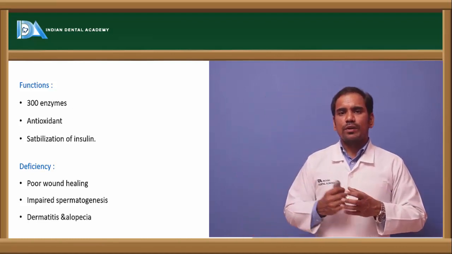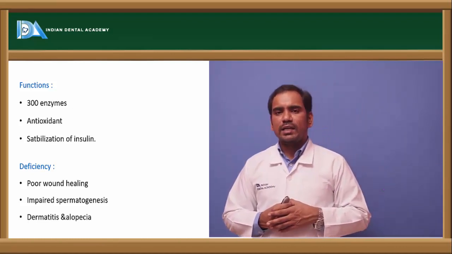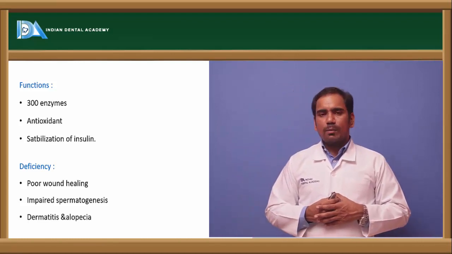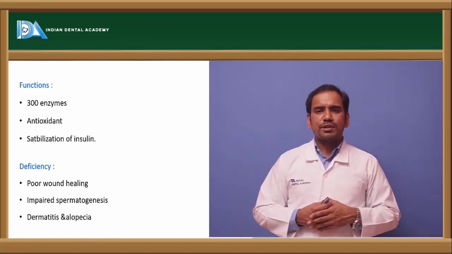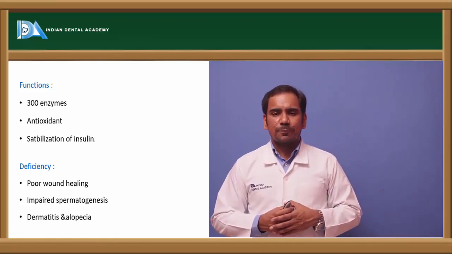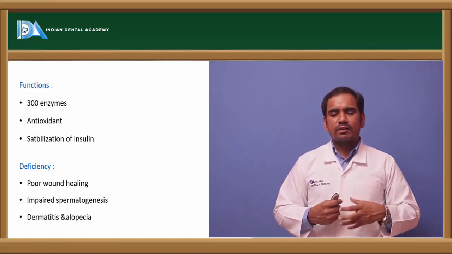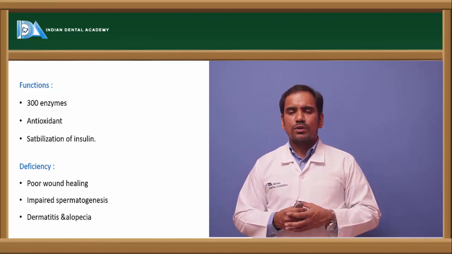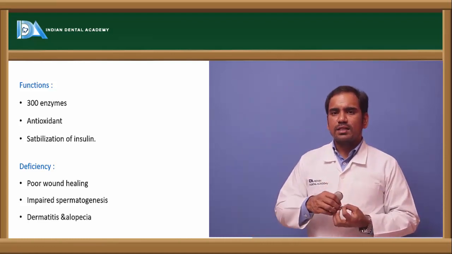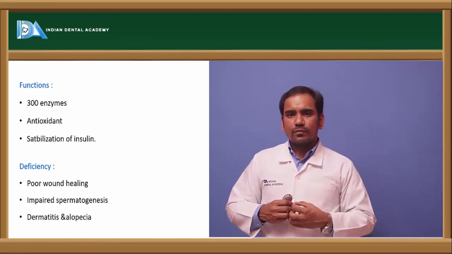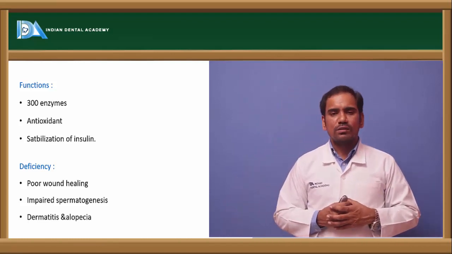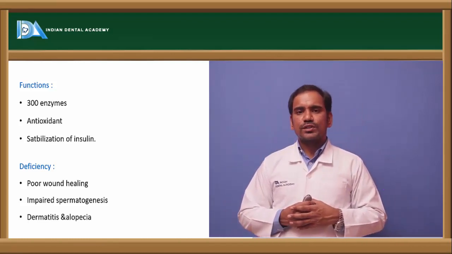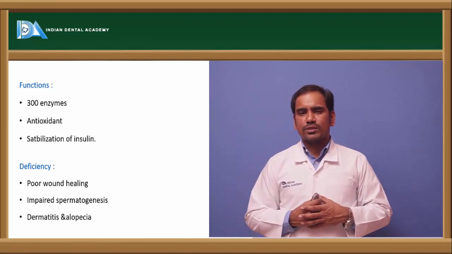Apart from that, zinc stabilizes insulin. Insulin in the beta cells of the pancreas is stored in association with zinc. The storage form of insulin has zinc. That's another important function of zinc, stabilization and storage of insulin.